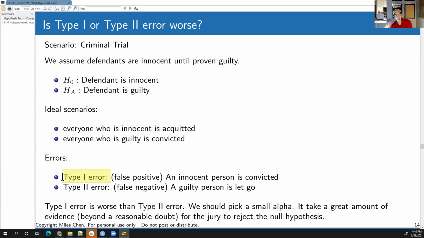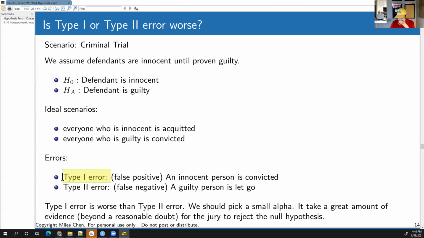But alpha being the probability of type 1 error, alpha equal to 0 means your p-value will never be less than alpha. You will never reject the null hypothesis, right? Because the only way you reject the null hypothesis is if your p-value is less than alpha. And if your alpha is 0, your p-value will never be less than alpha, which means you will never reject the null hypothesis. And that's really the only way you could completely avoid a type 1 error, right?